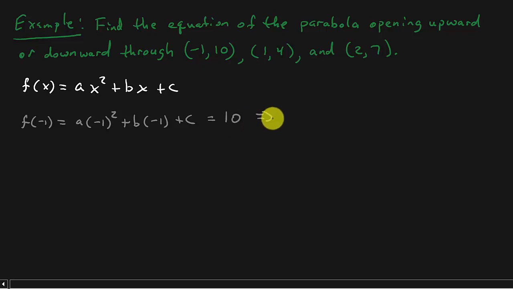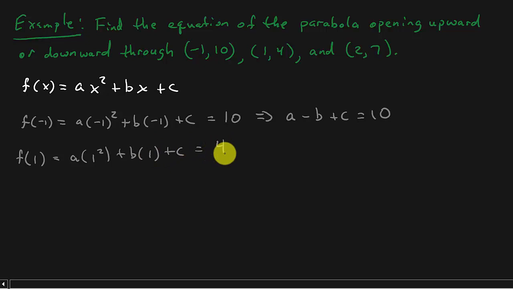So -1 squared is 1, so that's 1 times a is a, minus b plus c equals 10. See this equation I have? And then I have f of 1, going to this point now, is equal to a times 1 squared plus b times 1 plus c equals 4. If I plug the 1 in, I should get 4 as an answer.